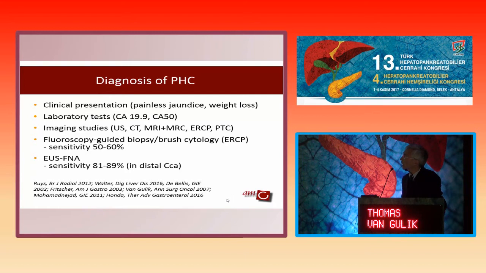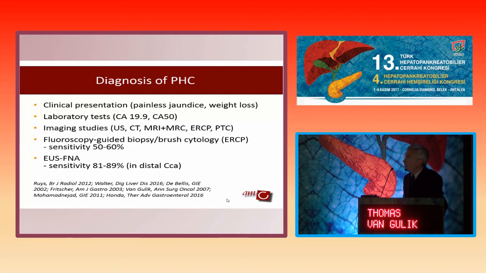I'll come back to that later. But mostly we have a cytology result from our ERCPs or from the PTCDs done in which cells are retrieved for microscopical examination. But the cytology results are notoriously unreliable with a sensitivity of only 50 to 60%.